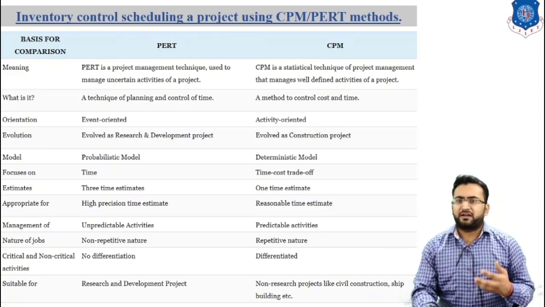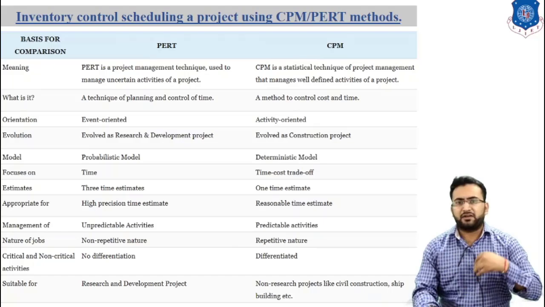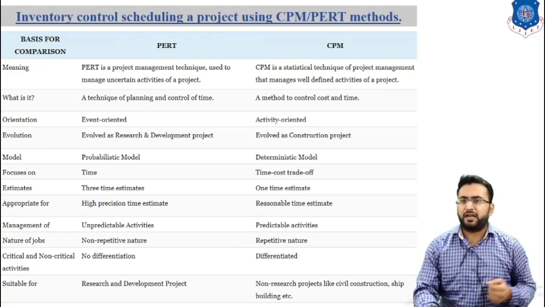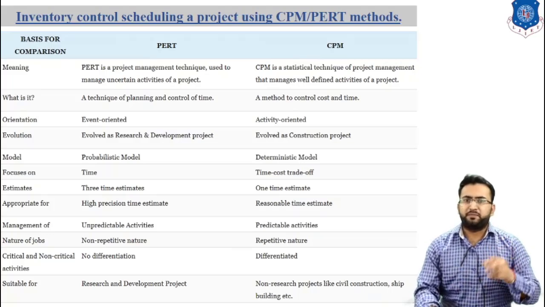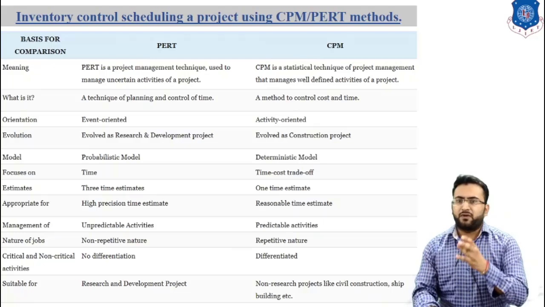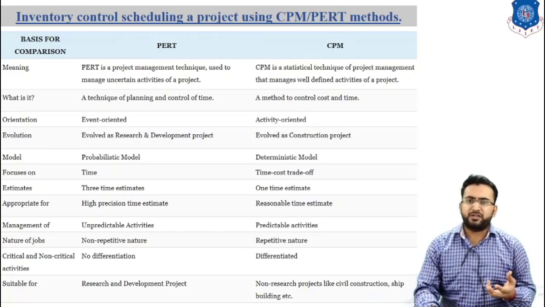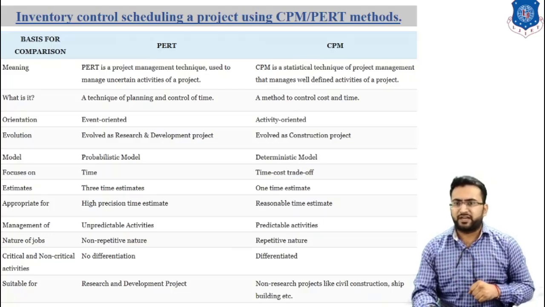PERT is a technique of planning and control of time, whereas CPM is a method to control cost and time. PERT is event oriented, whereas CPM is activity oriented. PERT is involved in research and development projects, whereas CPM is involved in construction projects.